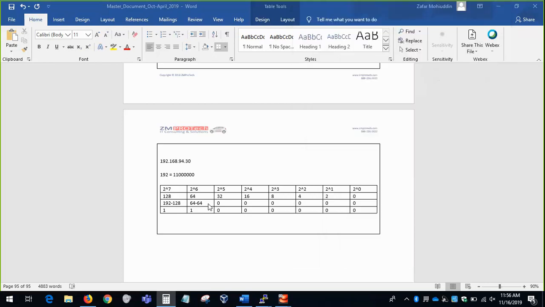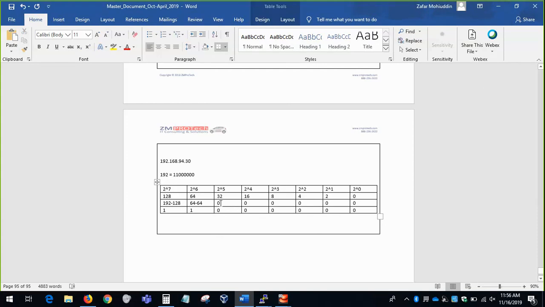Yeah. Okay. And then this is where the 64 is, from here. So we are in this block here. 64 minus 64 is 0 here. We are able to do some kind of subtraction, so we put 1 in that block. And all these blocks are 0 because we are not doing any subtraction.